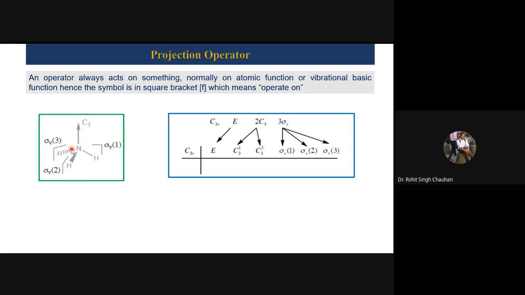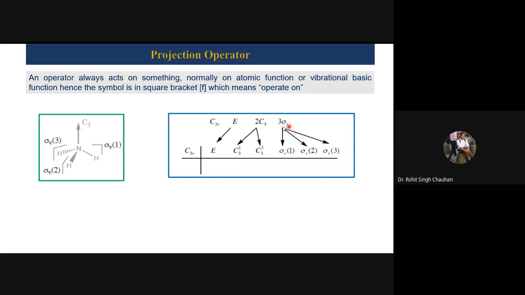Now in case of projection, always remember it differs from the character table. What you are supposed to write in the character table, if you remember, is E, 2C3 and 3 sigma v. But whenever you are going to apply the projection operation, you need to segregate these C3.